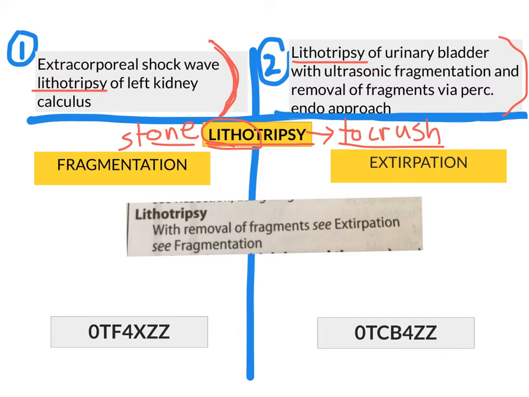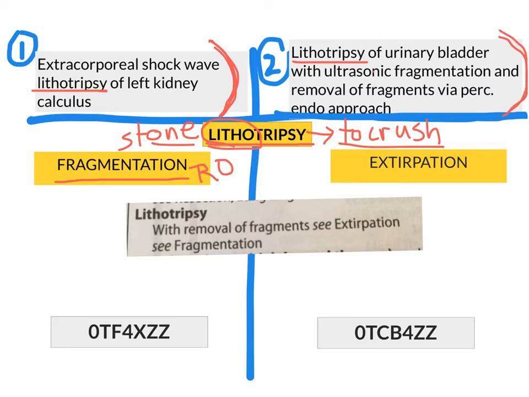So here in this example, they're actually leaving those crushed fragments in the body to pass on their own naturally through a natural process, through urination. So here we will code to the root operation of fragmentation, meaning the only procedure that's being done is the lithotripsy. They're breaking up the stone into little pieces, fragments.